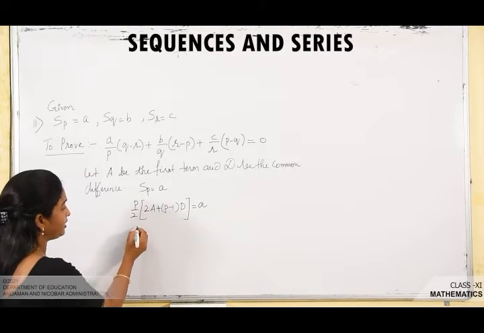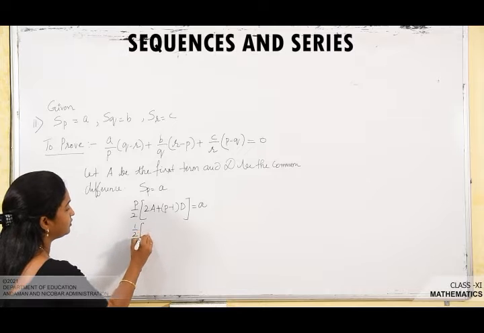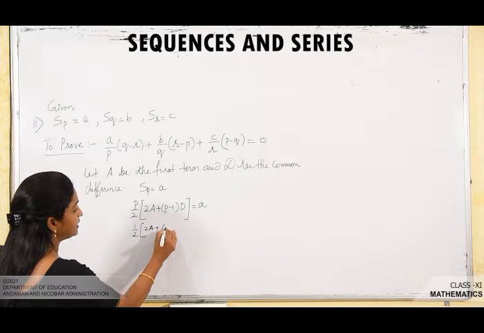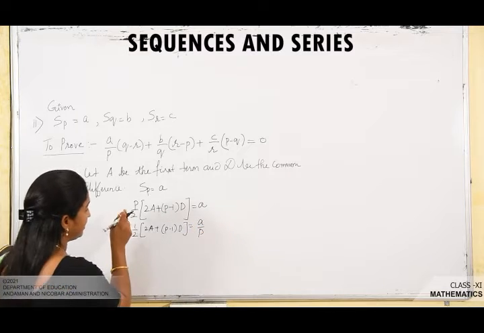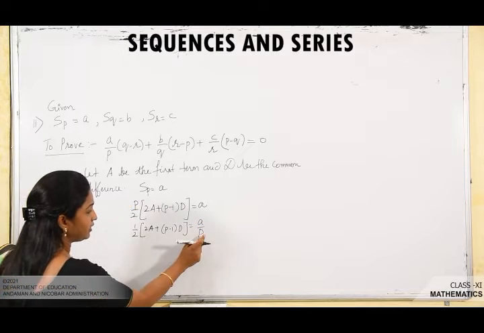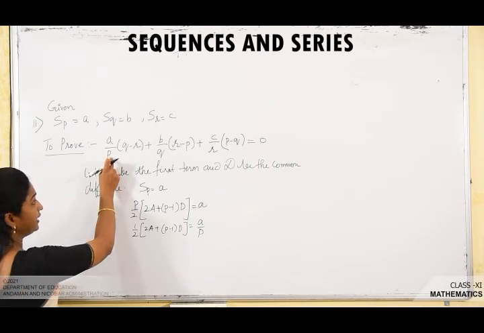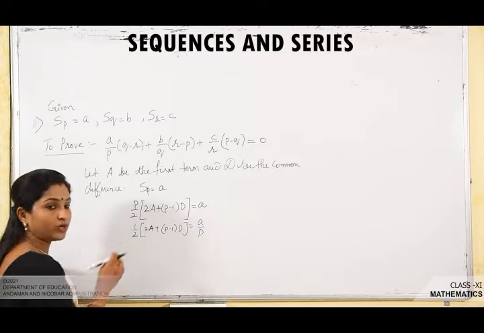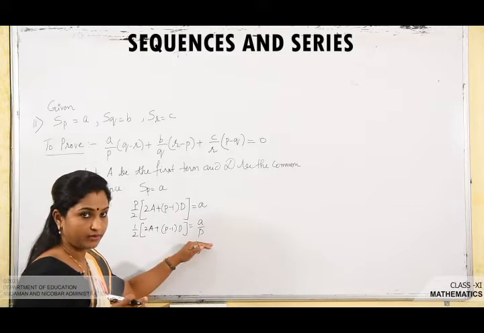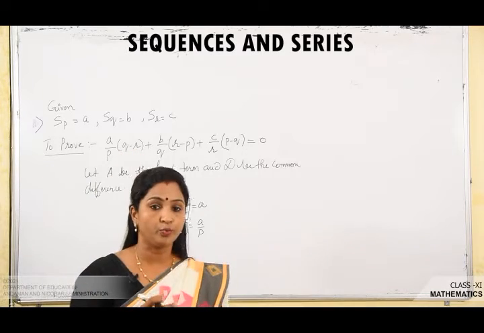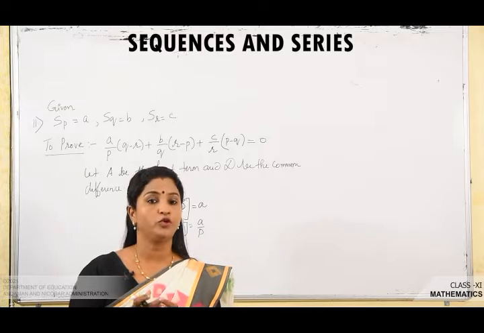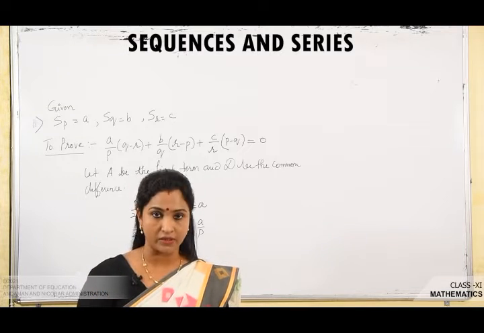Now here what I am doing here, half 2A plus P minus 1 into D will be is equal to A by P. I have taken this P here. Why? Because we need A by P here. Okay, that is why I have taken P here. Then what I will do, since whenever you are getting a question to prove that, you have to see what you want to prove, and accordingly you have to set the question, right.